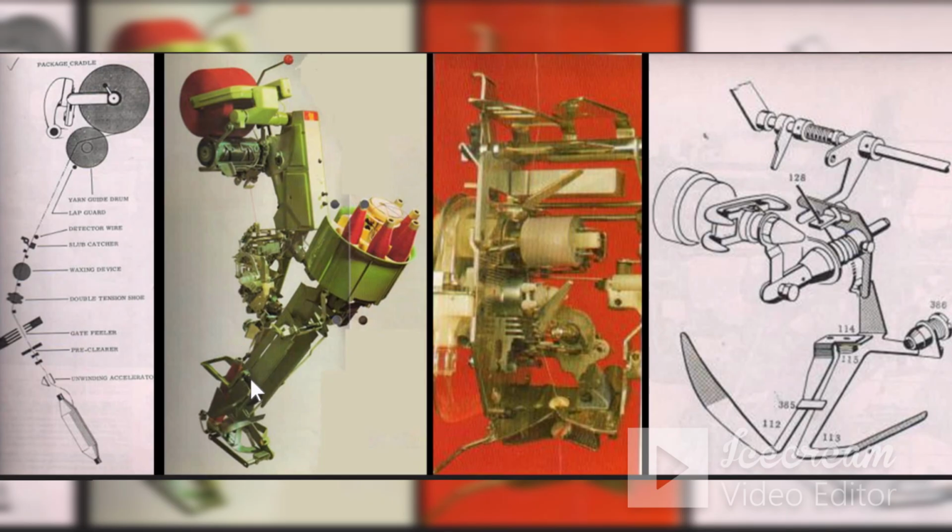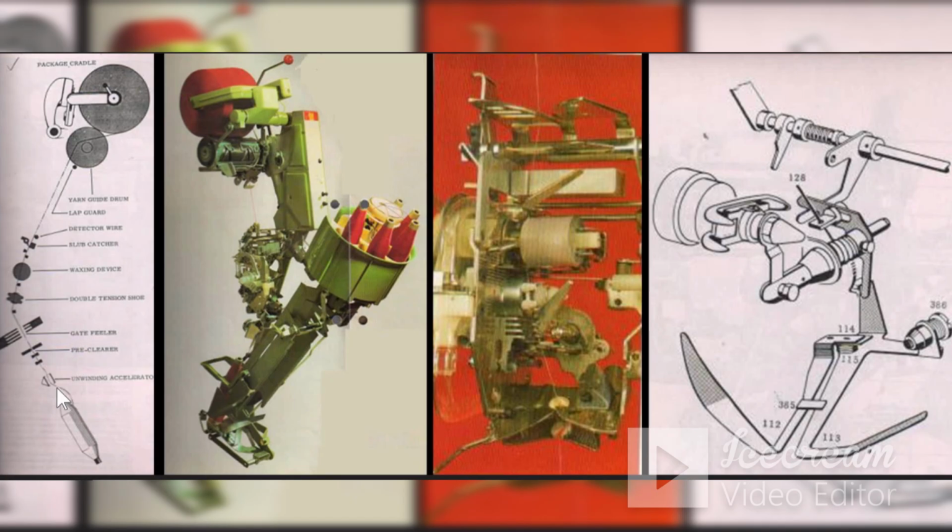This is the spindle of AUTOCONER 138, some elements are principally the same with some changes. So now let me explain you the functions of various elements.